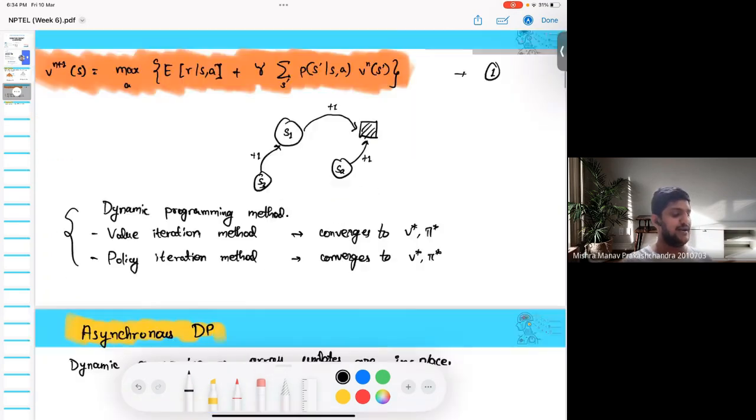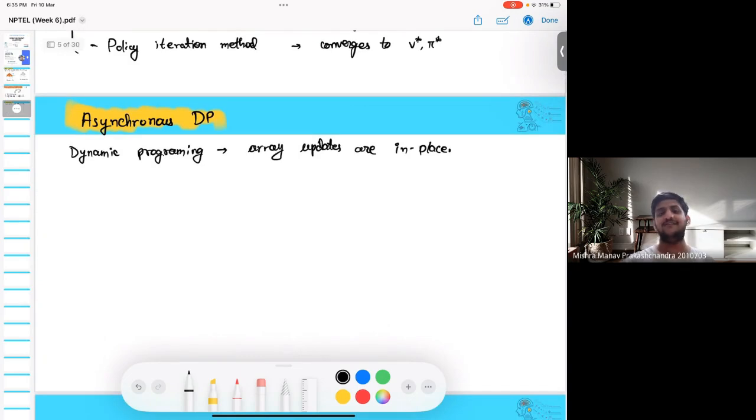I am not using any extra memory to create an extra array and make a sequential sweep over the entire state space. This method offers flexibility in the sense that I need not wait for all state updates. I can do individual state updates, in place, in the asynchronous DP method.